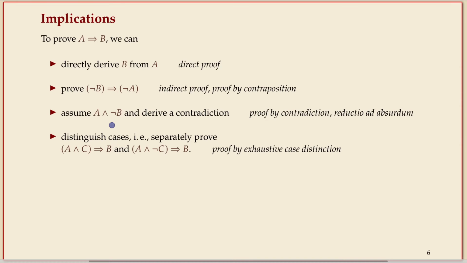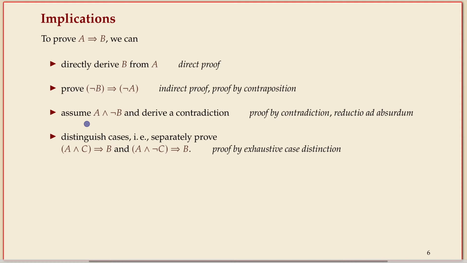Slightly related, but a little different in the way you carry out things, is a proof by contradiction. So you assume that the statement you're trying to prove is not true. And that comes down to assuming that A is true, but B is not true. So if A were true and the implication is true, then that would imply B. So we're assuming something that we don't believe.